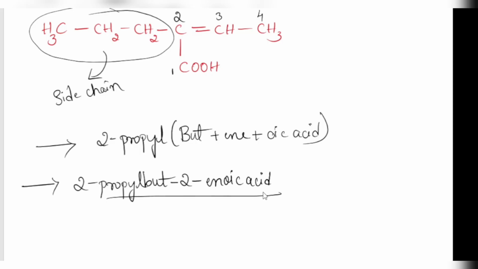This is the actual IUPAC name for this particular compound: 2-propylbut-2-enoic acid. Now I will take a different example, that is CH3, then CH, and here CH3.